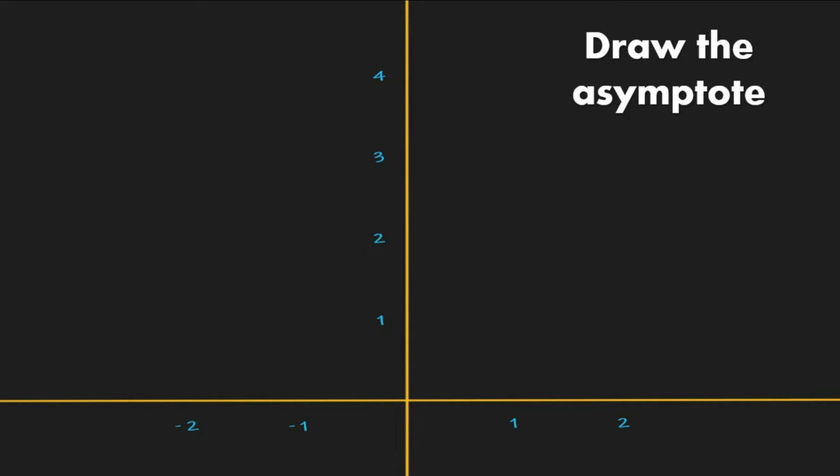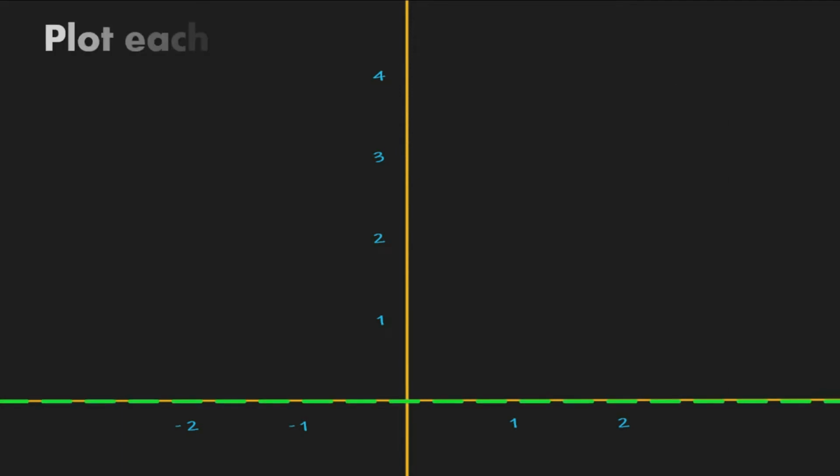Draw the asymptote. Again, the asymptote is always the x-axis. Ito siya. Next, plot mo yung each point. So, yung mga point natin, ito yung una. That is negative 2 and 1/4.